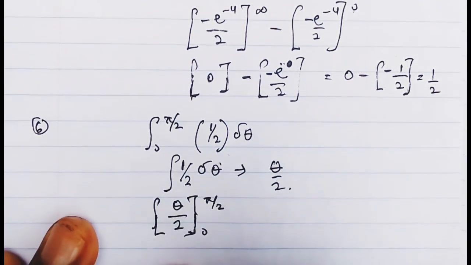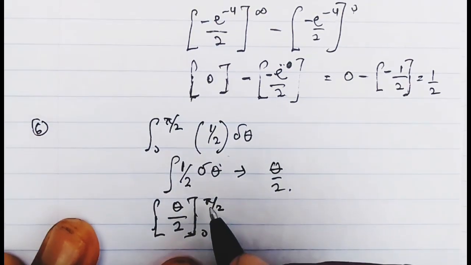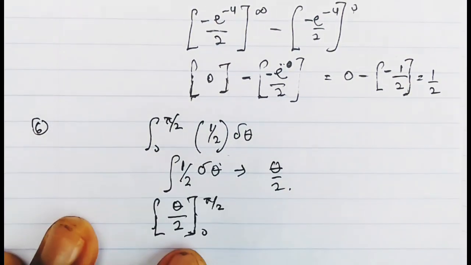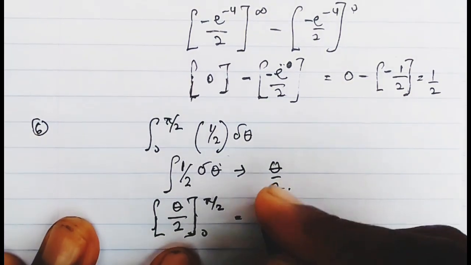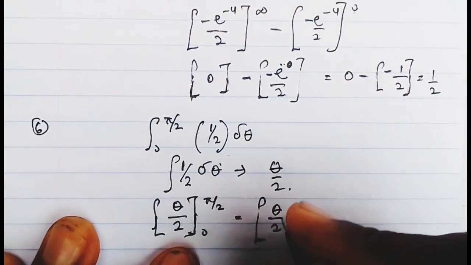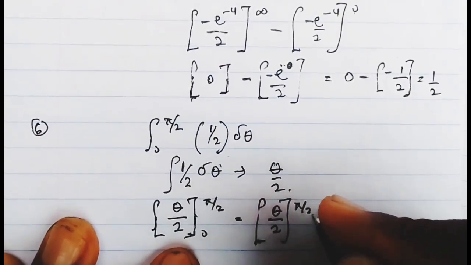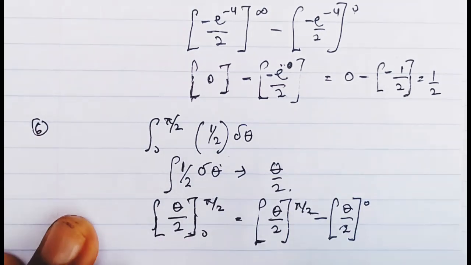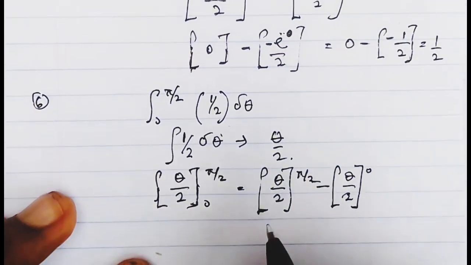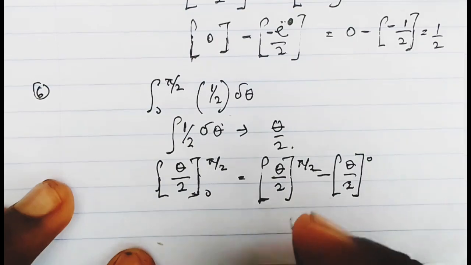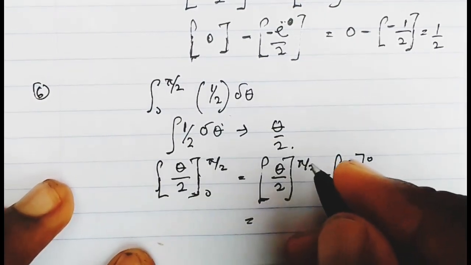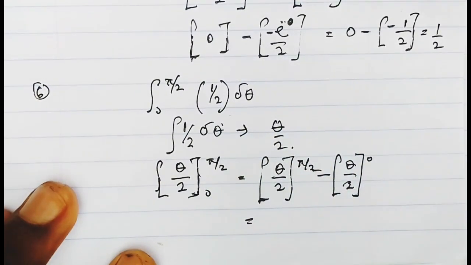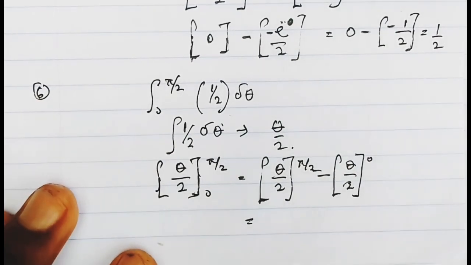So what will I be? Inputting our limit, pi over 2 is 90 degrees. Let me split it up so you can easily understand. This is theta over 2: you put pi over 2 first, then you minus theta over 2 with 0 put in. Remember, you use 90 degrees only when you're working with a trigonometric function, like sine or cosine.